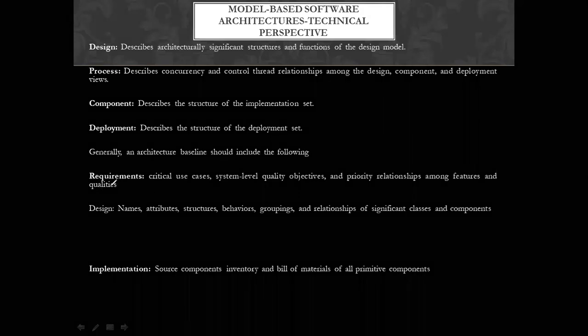Apart from that, the architecture baseline should include these things. First is requirements, in which critical use cases, quality objectives, and priority relationships among features should be there. Design covers names, attributes, structures, groupings, and relationships of the classes and components. Implementation covers source code, source components, inventory, bill of materials, primitive components, and compile time files.